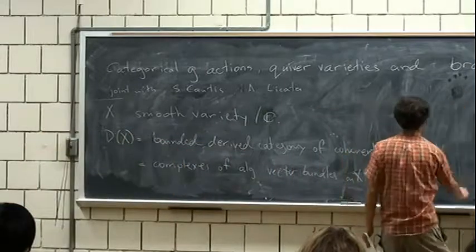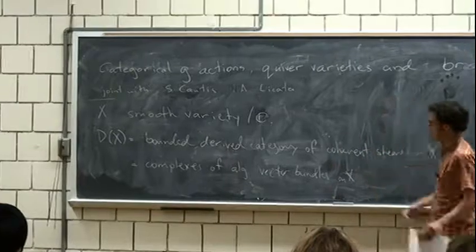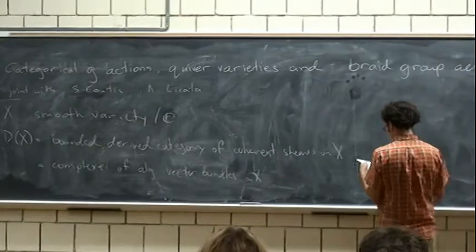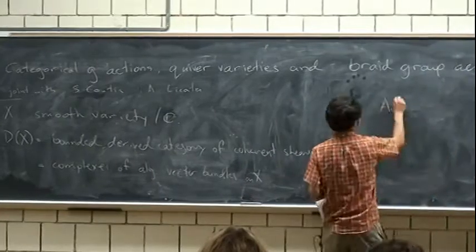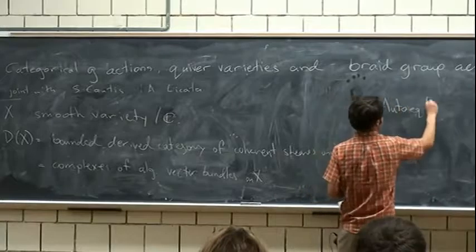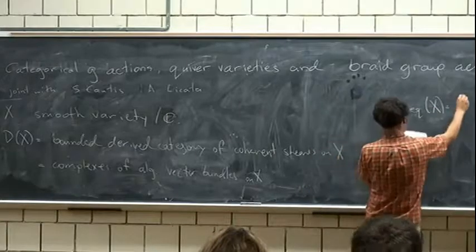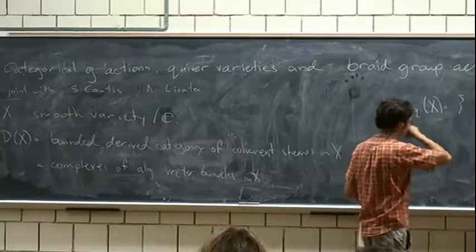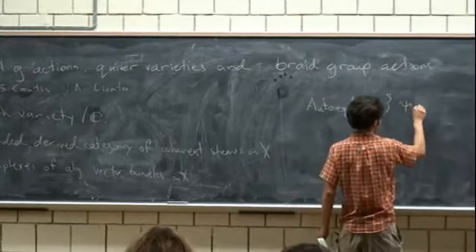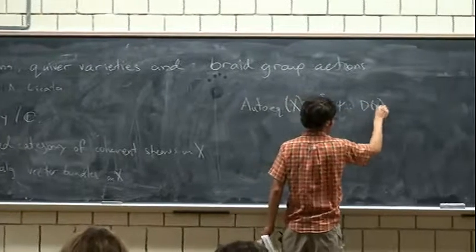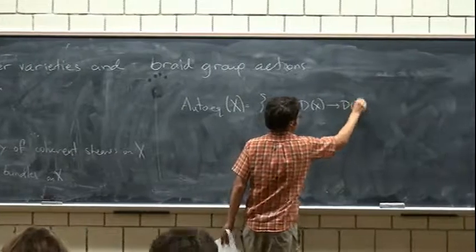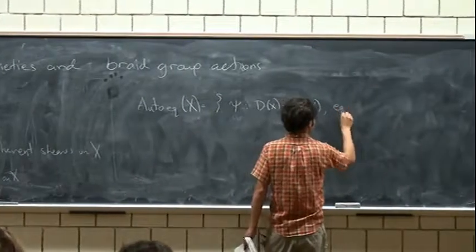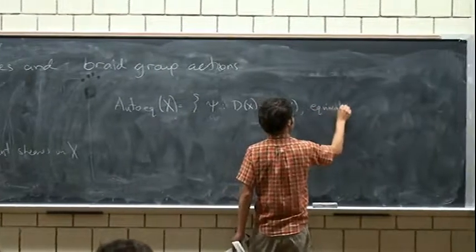In particular, we're going to be interested in equivalences of this category. So we're interested in what I'll call autoequivalences of D of X, which means the collection of all functors from D of X to itself which are equivalences of categories.